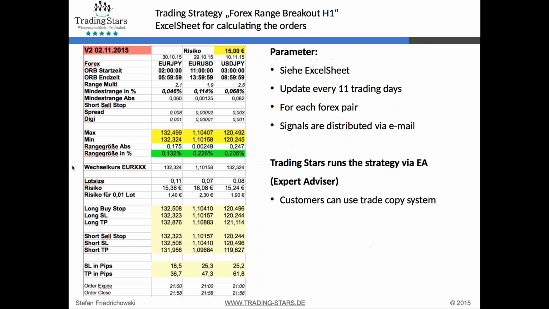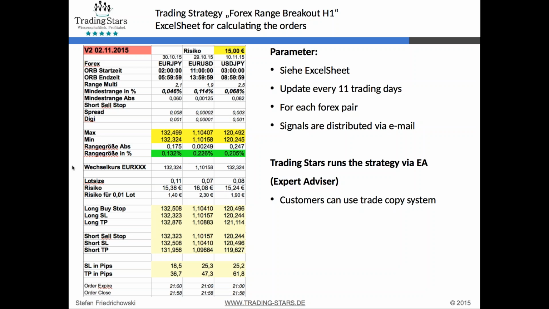And how we do that is simply with an Excel sheet. This Excel sheet is distributed every 11 trading days for each Forex pair. And all the signals we provide via email as well.